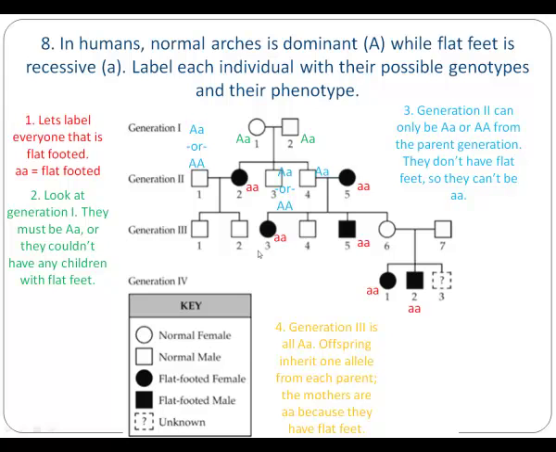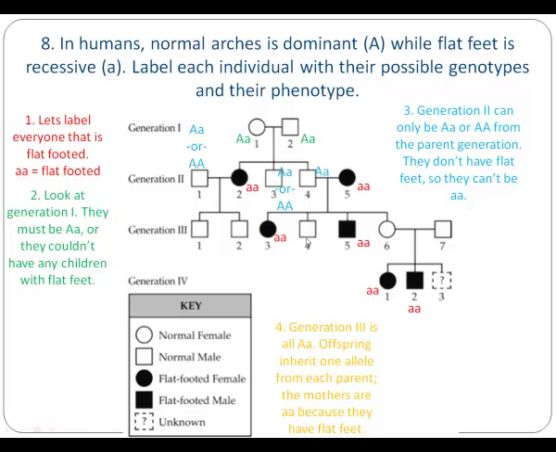So let's fill in the last generation. They have to be all big A, little a, because they inherit one allele from each parent. And we can see here that in this case, both of the women that married these 2 men over here are flat-footed. So at least one of their alleles for their children are going to be little a.